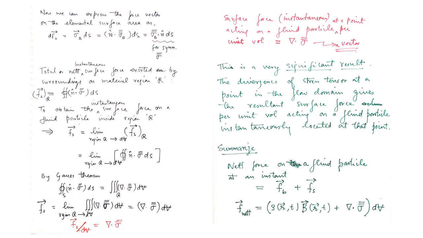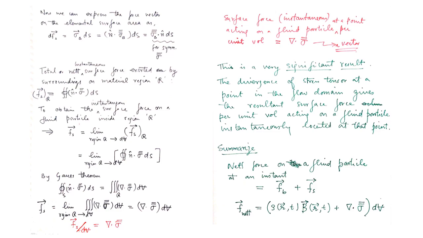Now to obtain the instantaneous surface force on the fluid particle, ये पहला काम तो हो गया. Material region पे net surface force we have been able to express. Now all we want to do is invoke the limiting process of taking this material region to be smaller and smaller till it coincides with the particle inside. So let us do that.